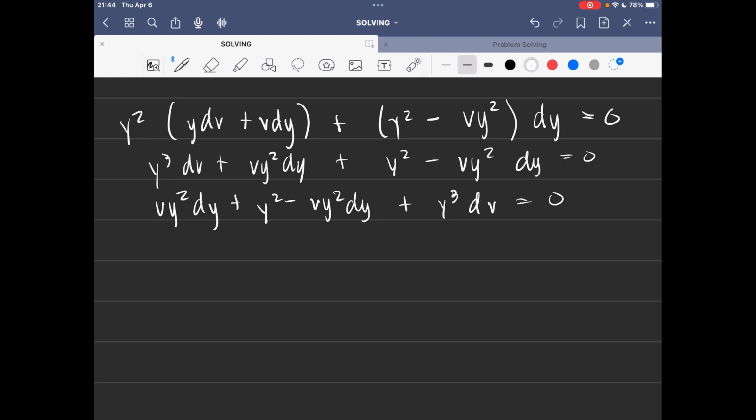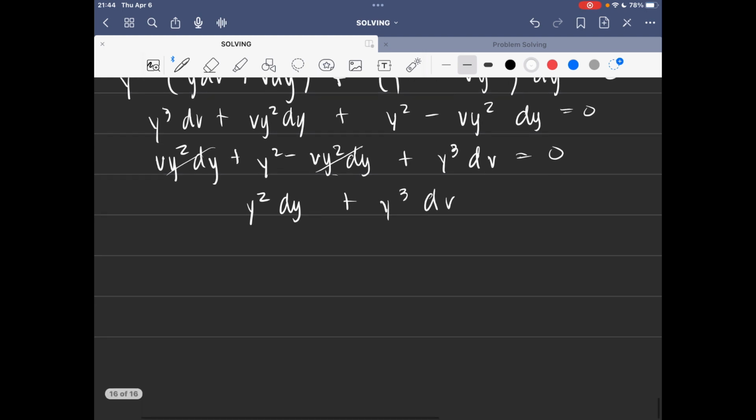We have like terms, so we can cancel them out. So we are left with y squared dy plus y cubed dv. Then we are going to transfer y cubed dv to the other side. So y squared dy is equal to negative y cubed dv.